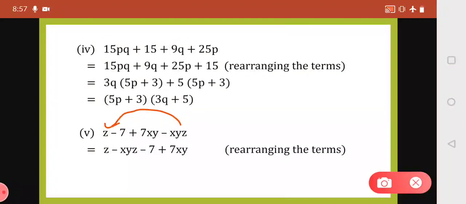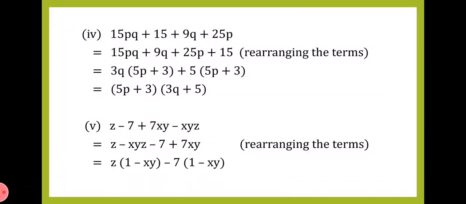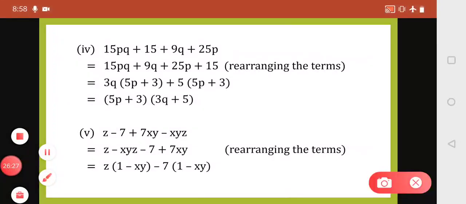Now making groups, that is, the first group is z minus xyz and the second group is minus 7 plus 7xy. Now in the first group we can take out z common and remaining we will write in the bracket, that is 1 minus xy. Similarly in the second group we can take out minus 7 common and we will get 1 minus xy. So from the first group we take out z common and we will be left with 1 minus xy.